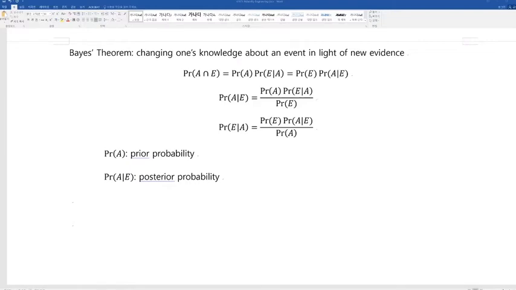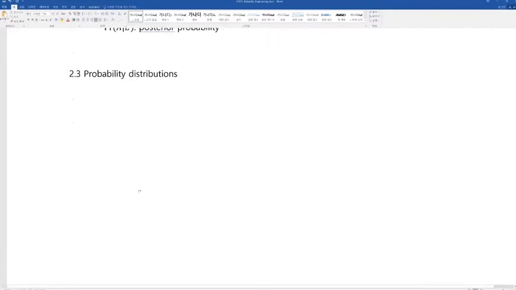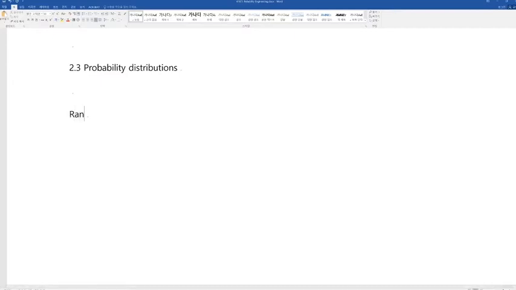To talk about probability distributions, we need to first talk about a new concept called random variable, in short denoted as RV.